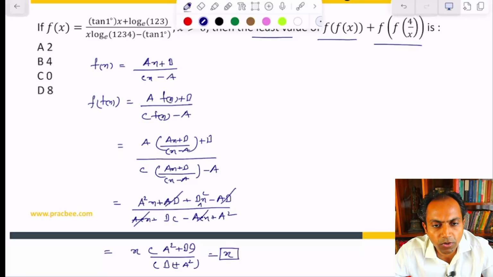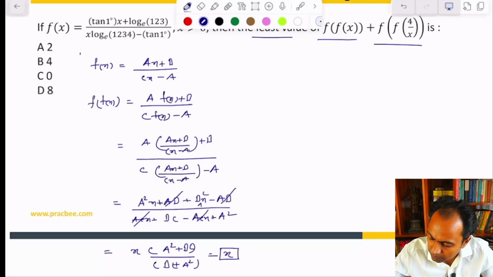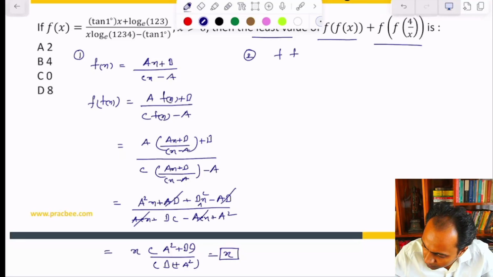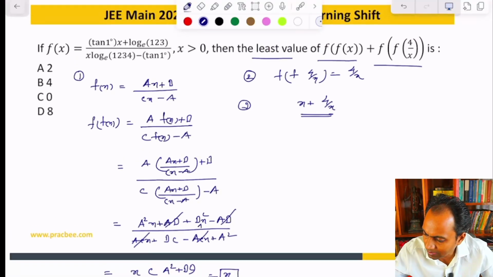Now this is very important. What are we getting here? f of fx came out to be x in the first part. So in the second part, if I want to find f of f of 4 by x, the value will come out to be 4 by x only. Now in the third part, if I add both of them, x plus 4 by x, and I'm saying that x is greater than 0.